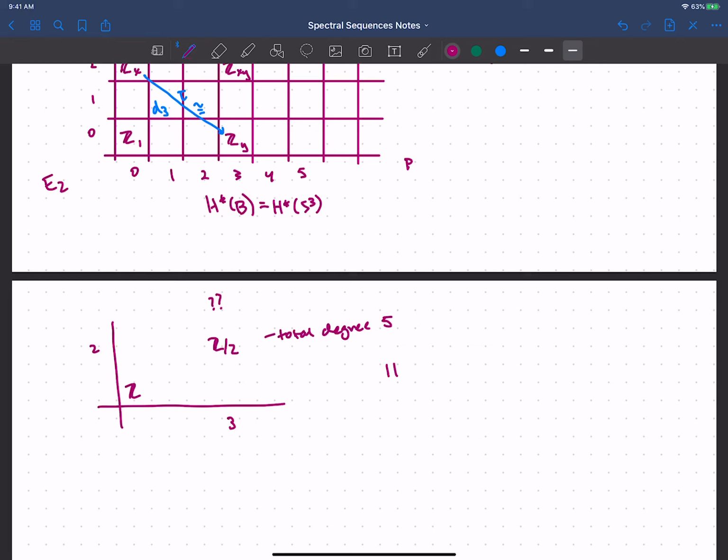So I'm going to learn that H4 of X is 0, and H5 of X, well, normally I might have to deal with some extension problems, but there's no extension problems here. It's just a single group, Z mod 2, so no extension problems this time.